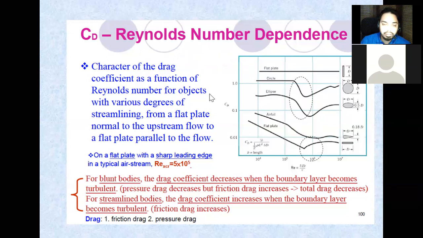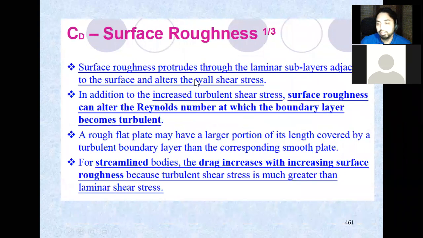So far we have discussed the effect of the shape and the effect of the Reynolds number, and next is the effect of the surface roughness. We are still discussing drag, but what does surface roughness have to do with drag? It does.